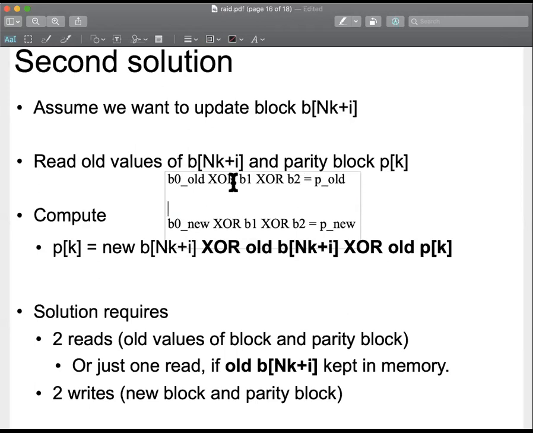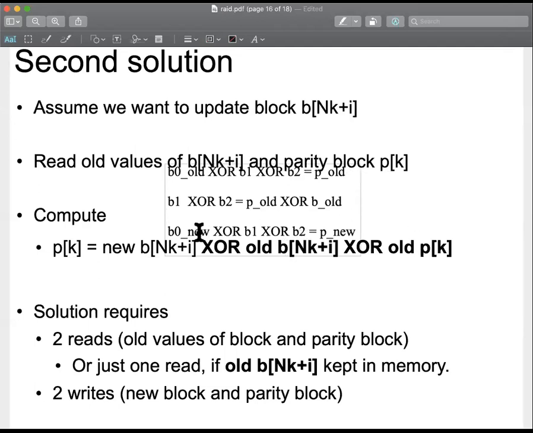If I use the commutative property, I can say B1 XOR B2 equals P old XOR B old. Would you agree with that?